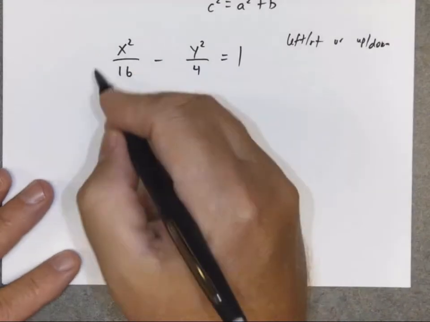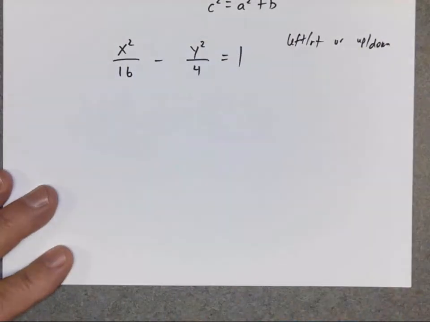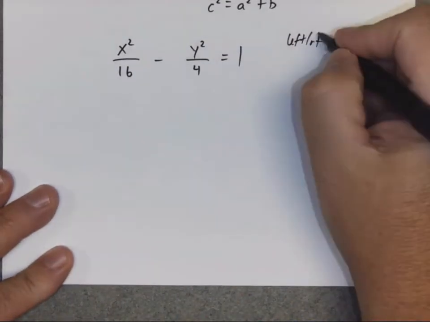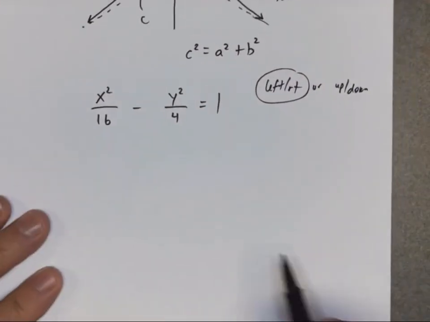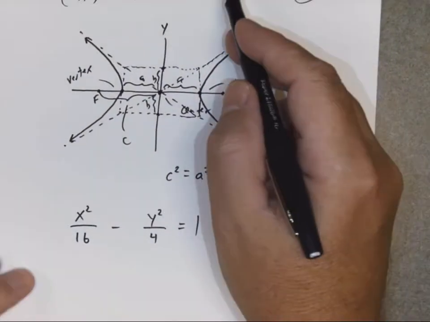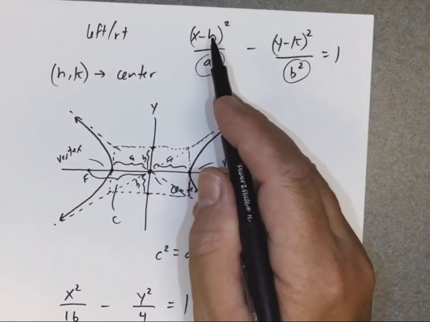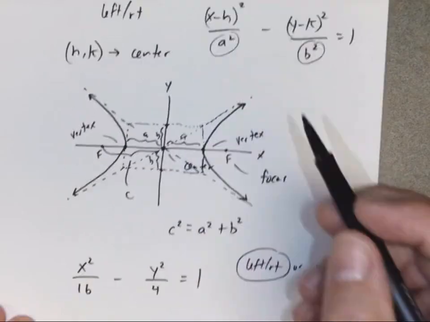And the whole key is, what is positive? If x is positive, it's going to be a left or right. Now in this case, if we compare our equation with the standard equation, I want to first determine the center.